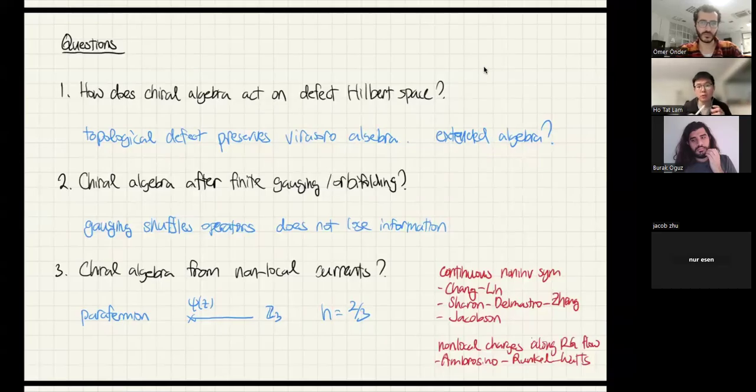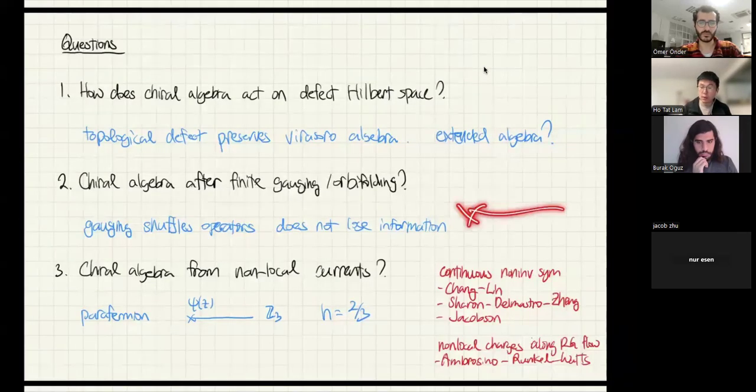And the third question we'd like to ask is probably also the most interesting. It is often the case, as we'll see, that by gauging we turn currents into non-local currents, which are currents attached to some topological lines. Then one can ask, can we build chiral algebras using non-local currents? And this is actually a very important point, because we know that a local current always has integer spins or half-integer spins, depending on whether it's a bosonic or fermionic theory.